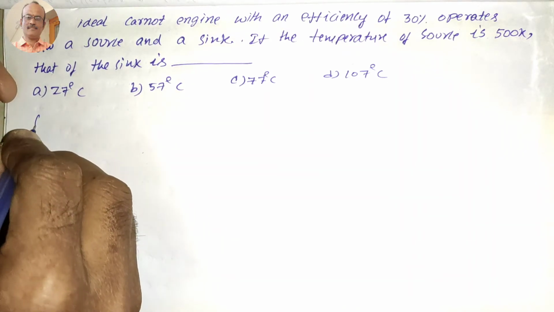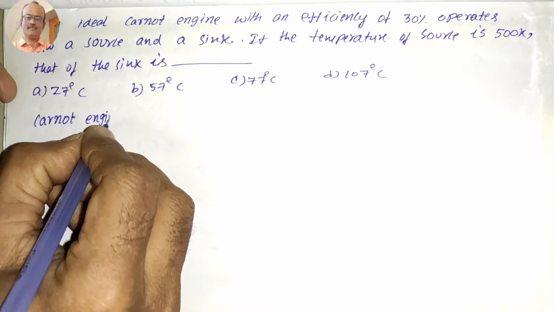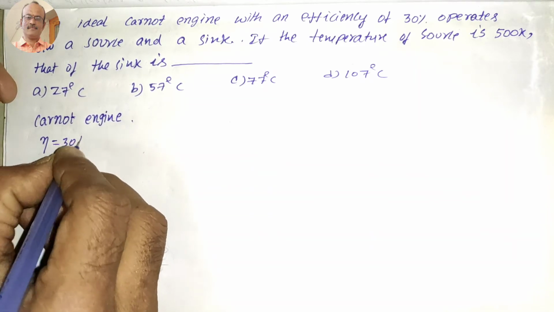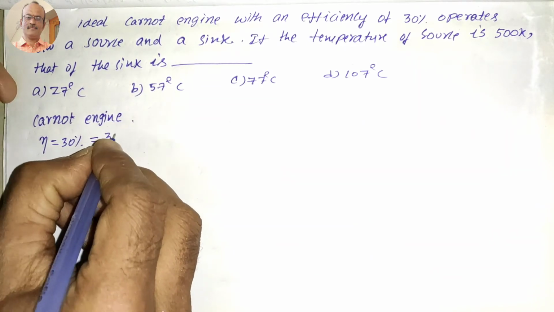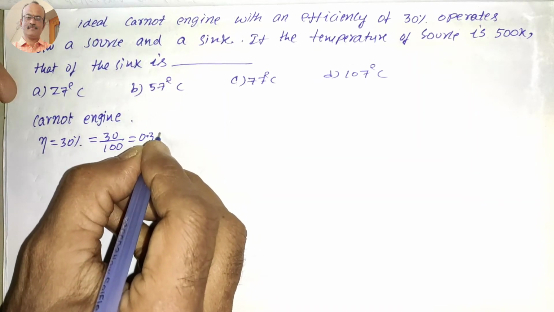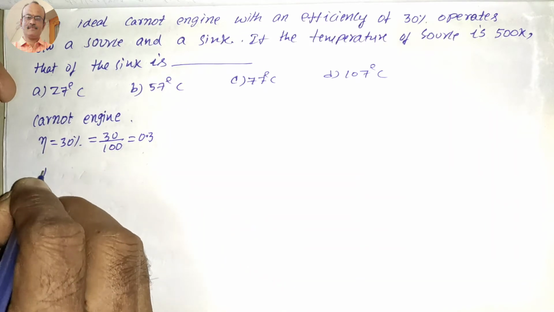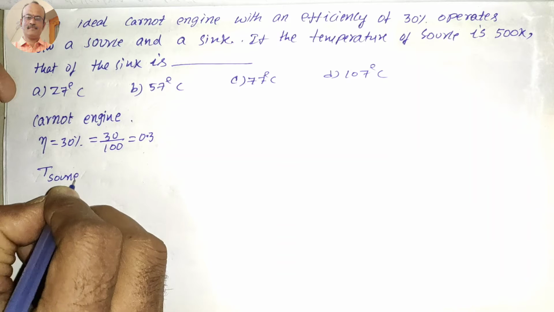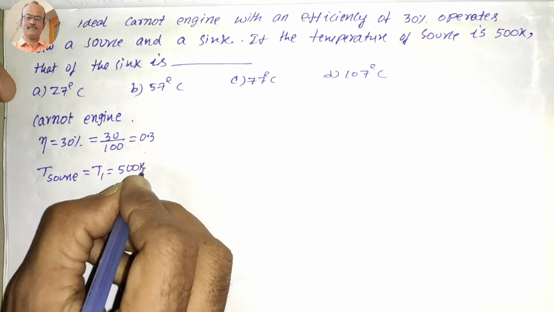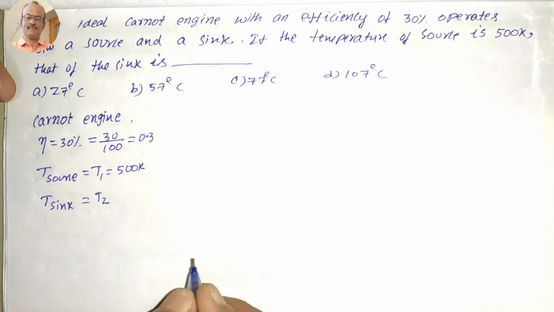First of all, for the Carnot engine, efficiency is 30%, which is 30 divided by 100, that is 0.3. The temperature of the source is given, so T1 is equal to 500 Kelvin, and we need to calculate the temperature of the sink, T2.